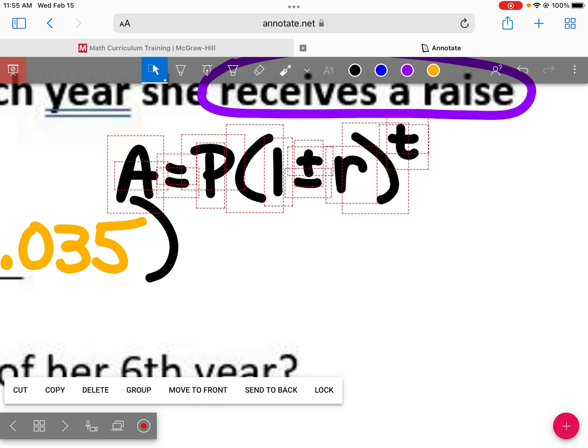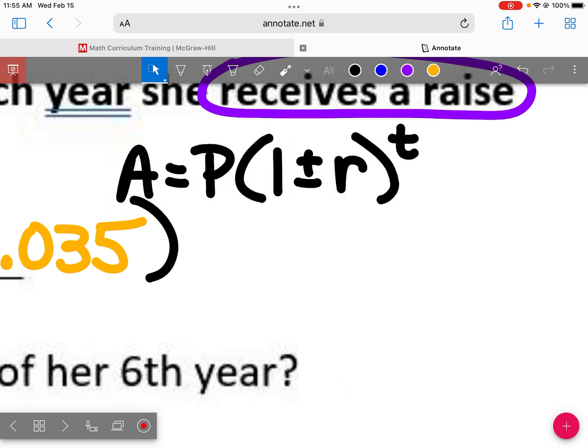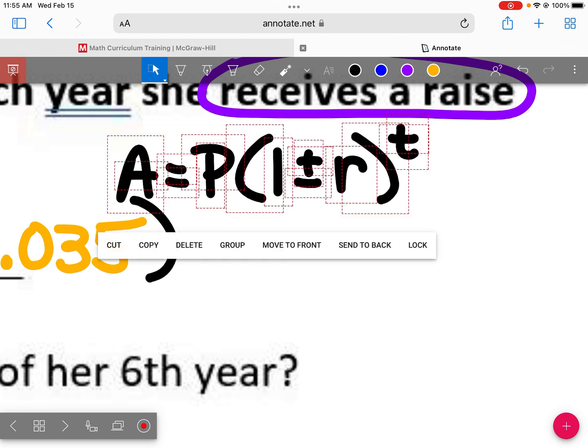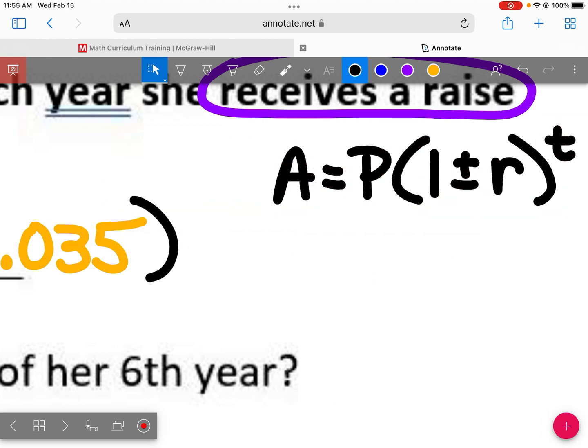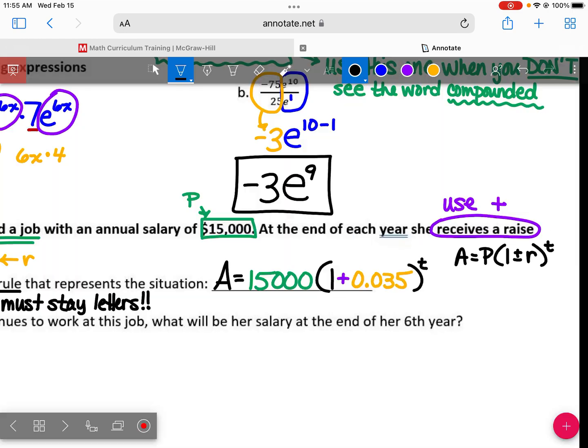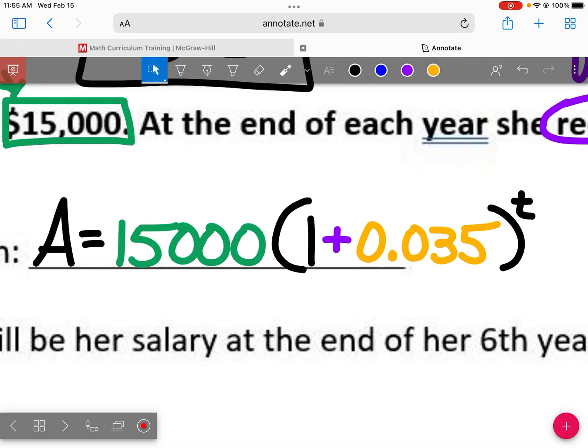What do I put for time? 1? t. Remember, when we're writing a function rule, t has to be part of that function rule. Not necessarily. Nope. That just tells me that it happens every year. That she gets this raise every year.